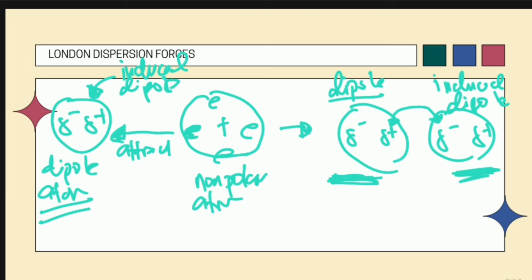So, ang induced dipole ay temporarily short-lived. Hindi siya nag-stay forever. So, the attraction between these two atoms, the dipole and the induced dipole atom, is what we call the LDF. So, nandun si London Dispersion Force. Nasa gitna ng isang dipole at isang induced dipole. Induced dipole, ibig sabihin, it is created by another dipole atom.